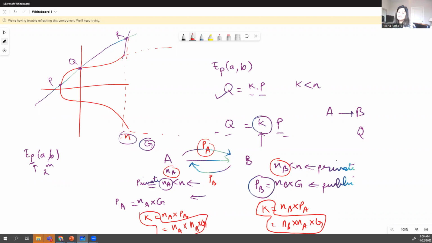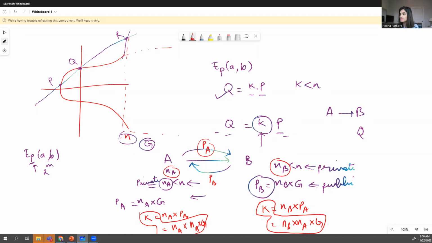This is very similar to our Diffie-Hellman algorithm: even though you are taking two private keys, in the end you are able to get the final value. G is public, and NA and NB are the private keys utilized. So this happens with respect to key exchange.